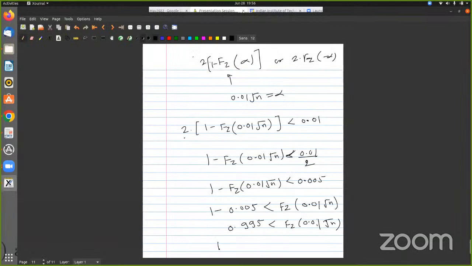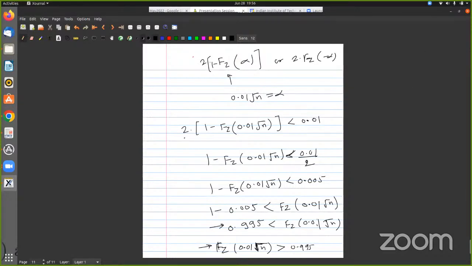Okay. If I wanted to write fz this side, let's say fz of 0.01 root n, I can write greater, no? See, this and this is the same, right? Right, sir. Thank you.